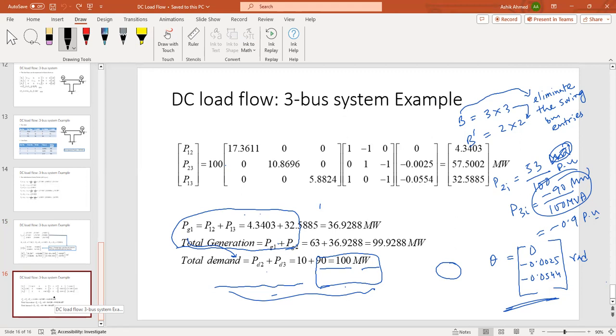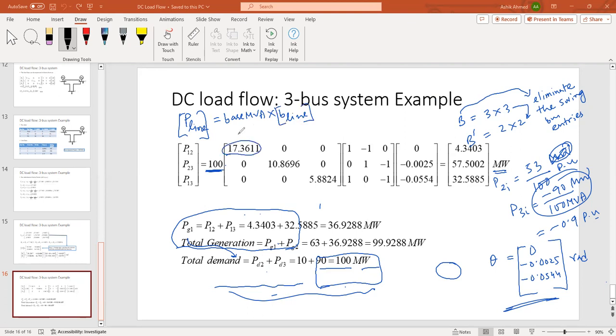Again, we are simply writing the P line flow vector. Because of the presence of this 100, it will become megawatt finally. So we write base MVA, base power, into this B line.